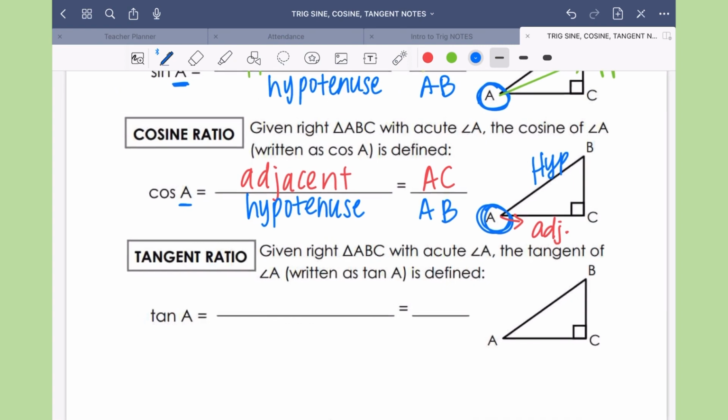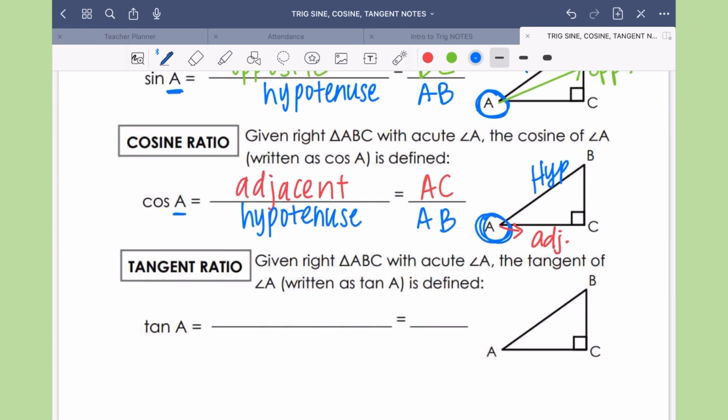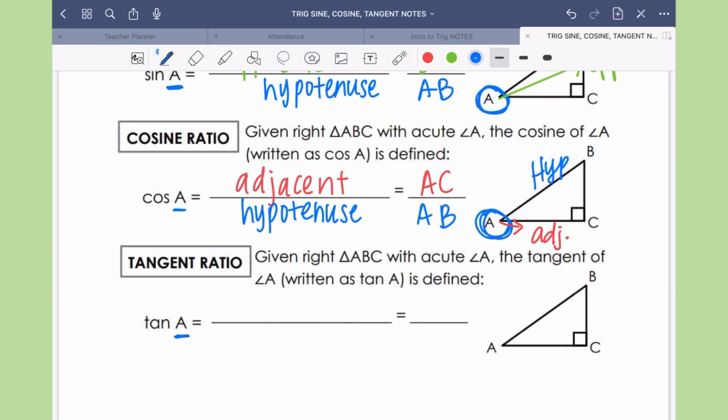Now let's do tangent. Your tangent ratio of angle A. Tangent of A is opposite, the opposite side divided by your adjacent side. Let's circle our reference. This time we don't need the hypotenuse.